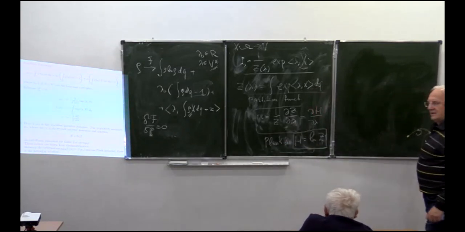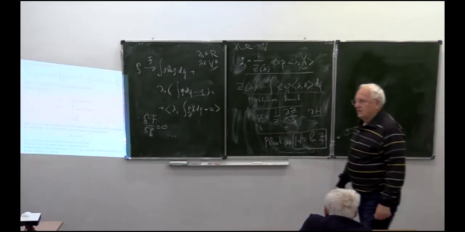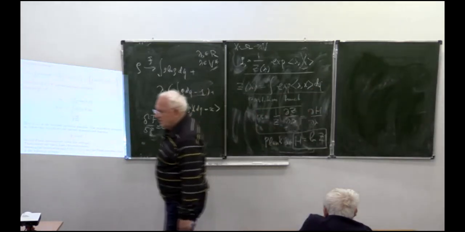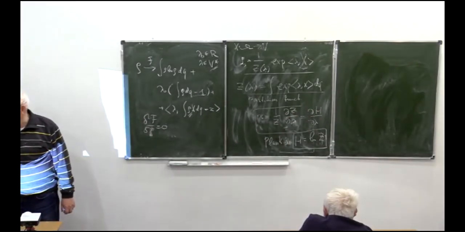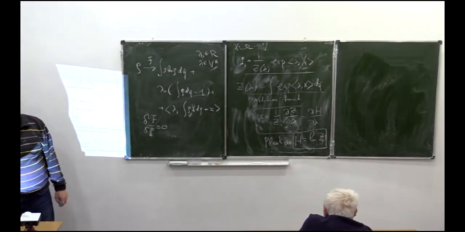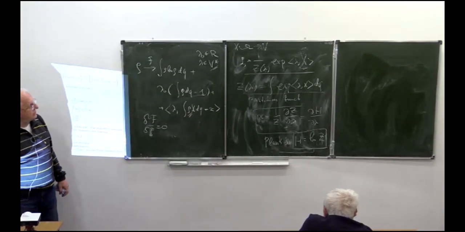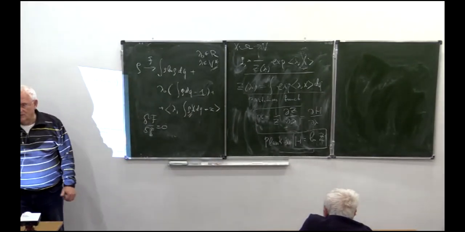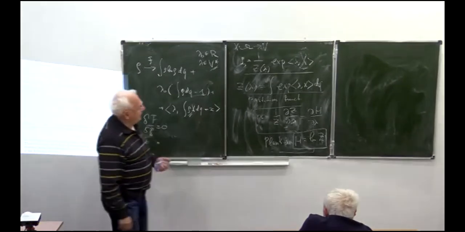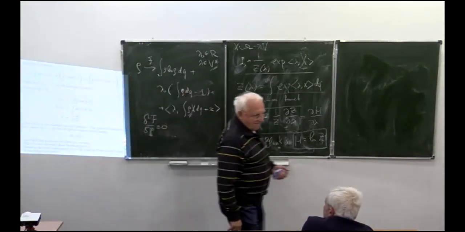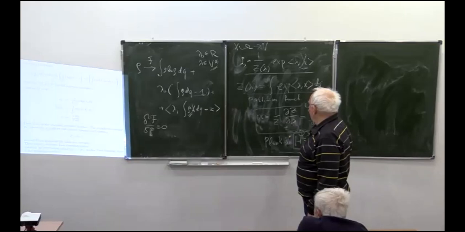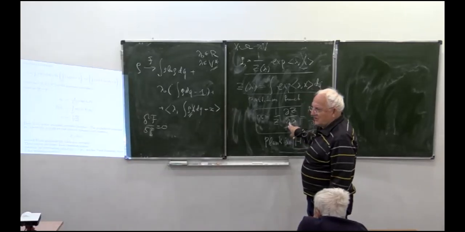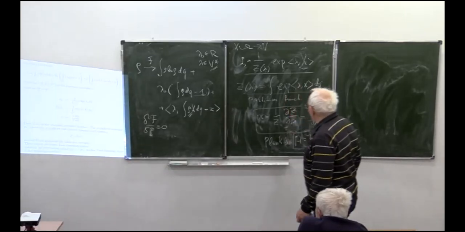Are we assuming rho to be smooth? Is it a smooth function? It's not assumed. Really, it should be a measurable function. You can do differentiations in terms of it?